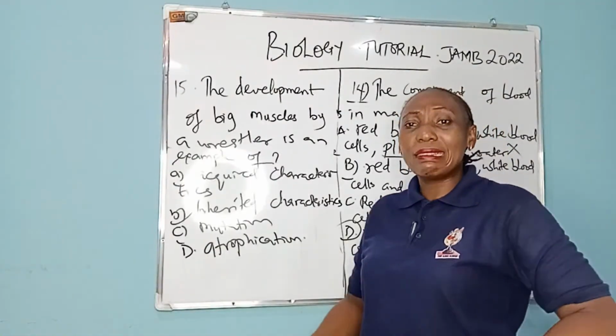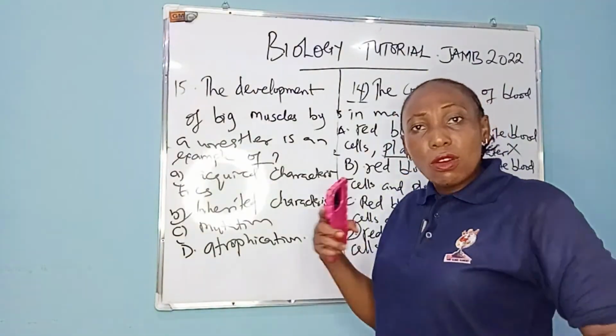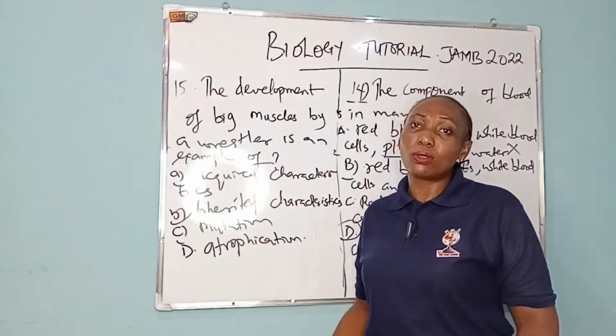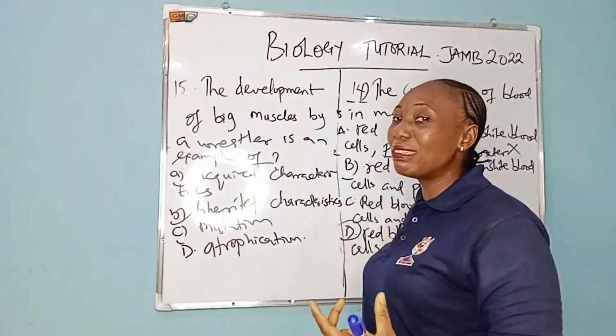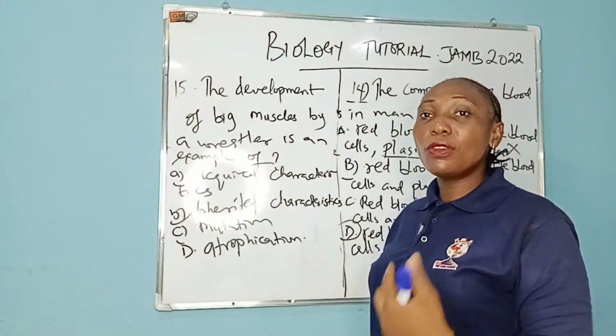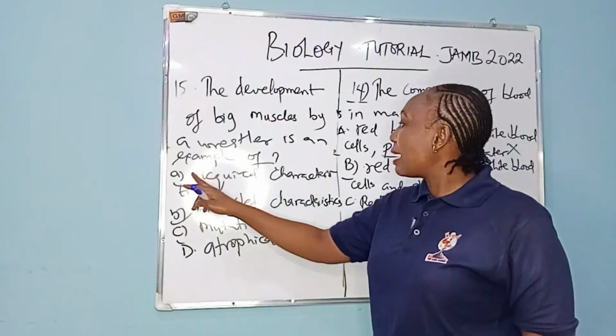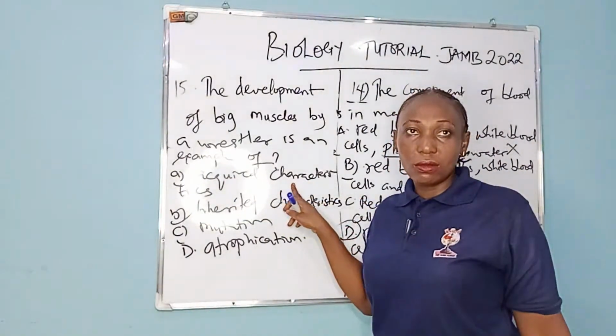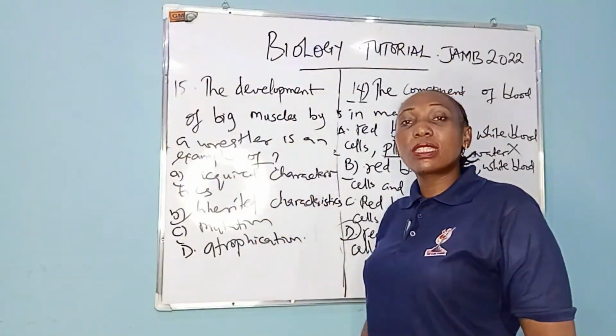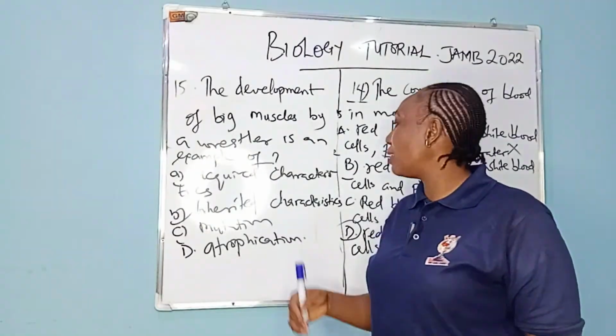This is what they did as a result of training. Constant training will help build your muscle. So it is not an inherited property. It's not what you inherit from your parents. So it is an example of acquired. It was acquired through constant training, gym, and the rest of it.